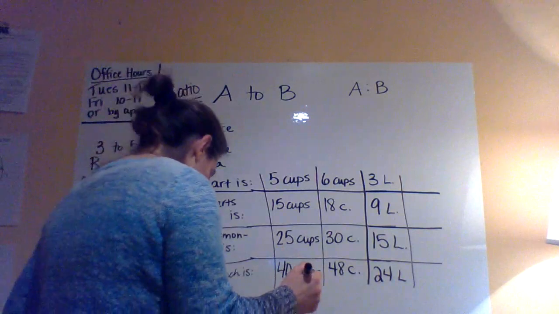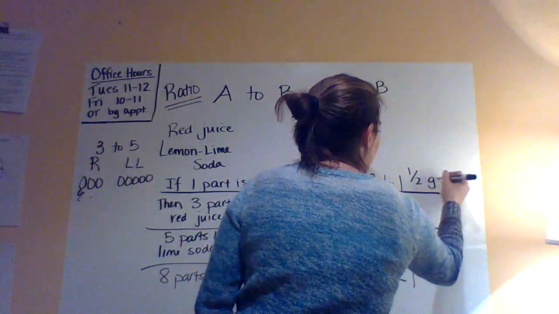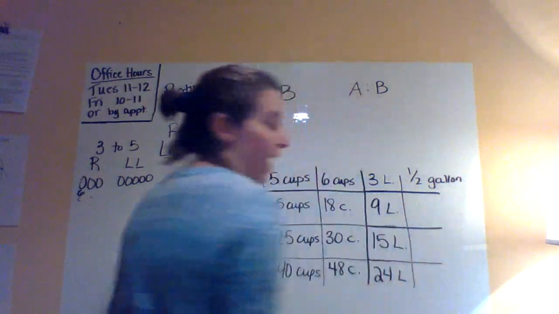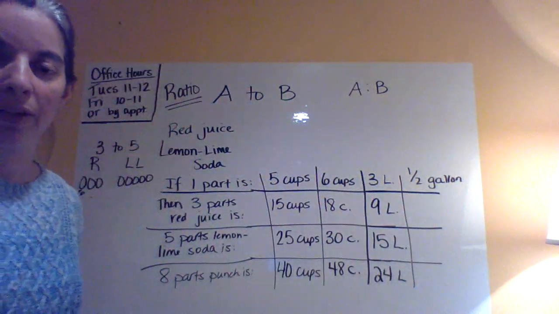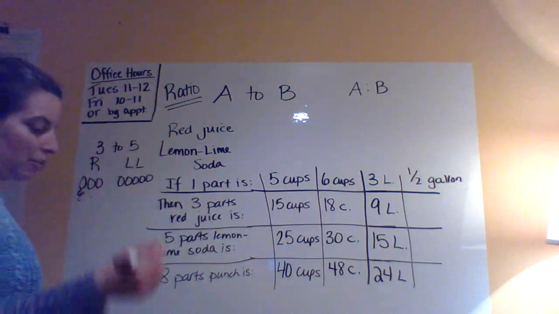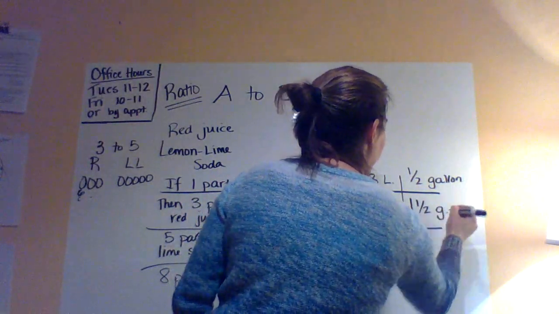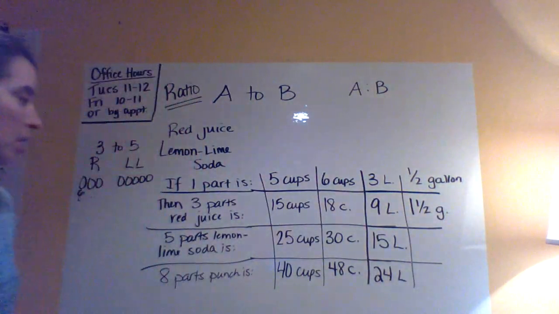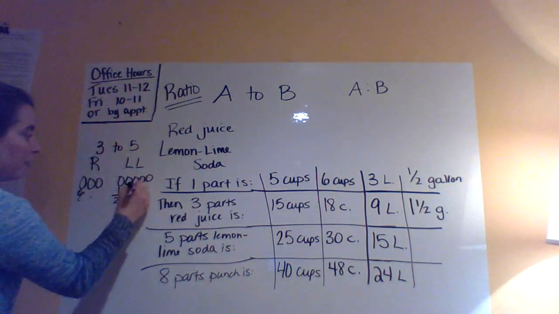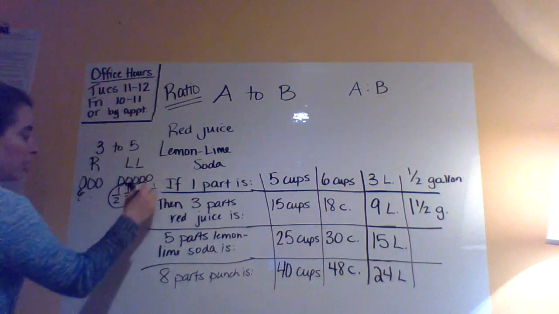And then finally, the last example is, what if your one part, or your unit, is 1 gallon? Or sorry, a half gallon. Okay, well think about that now. I have a half gallon, a half gallon, a half gallon. That's 3 halves, or 1.5 gallons. 5 parts, so again, think each of these is a half. Well, every 2 halves becomes 1 gallon, right?